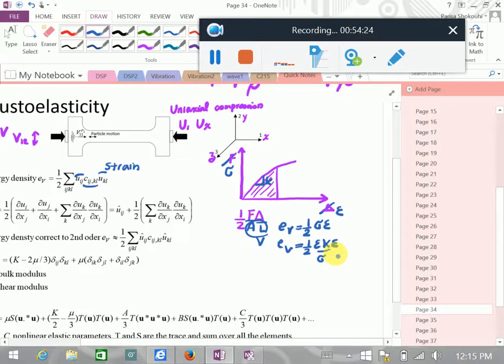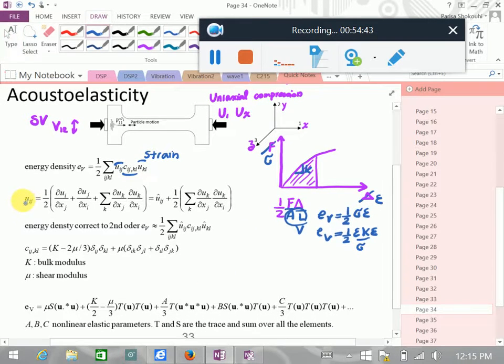If we take only the second order in energy density, we are dealing with linear elastic materials, and that's how we develop linear elastic theory and everything you've seen so far. However, in reality, energy density has higher order terms. That's where nonlinearity is coming from.